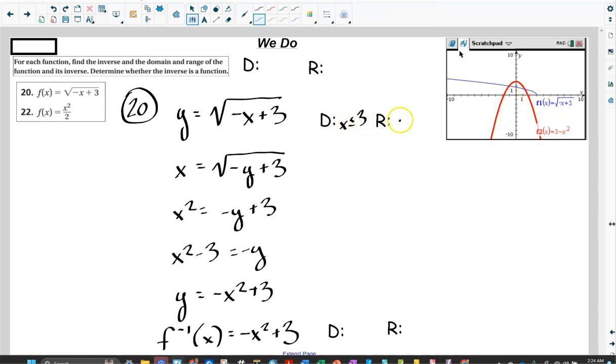The range is greater than or equal to 0. The domain for the inverse, we have to be careful. This needs to be mapped, and if we draw that line y equals x, technically this portion should be gone. So what we're going to need to say is here.